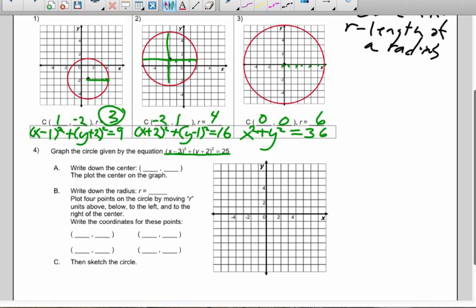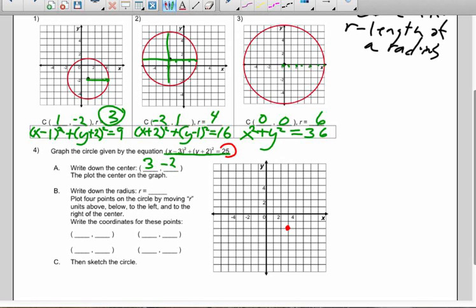So the x-coordinate is going to be plus 3. And then for the y, you take a look at this. It's a plus 2. So you change its sign. That's a minus 2. And then we're going to plot the center. The center is at x is 3 and y is negative 2. So there's our center. And now we need to find the radius.